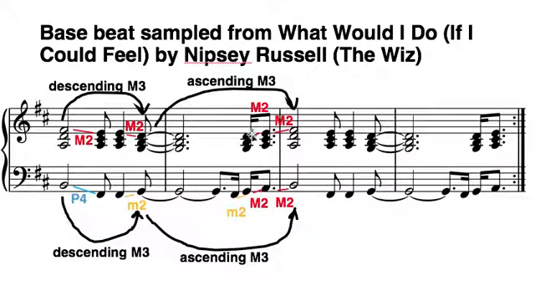And then we come back up, 3, 4, 5. And then it repeats that over and over. So at first, it seems like we're moving in seconds: F sharp to E, a major second, E down to D, a major second. We stay there for a while until we come back up to F sharp through a series of 2 major seconds.